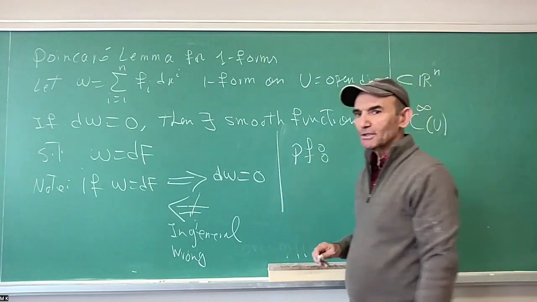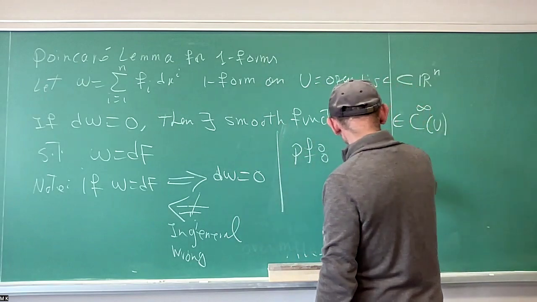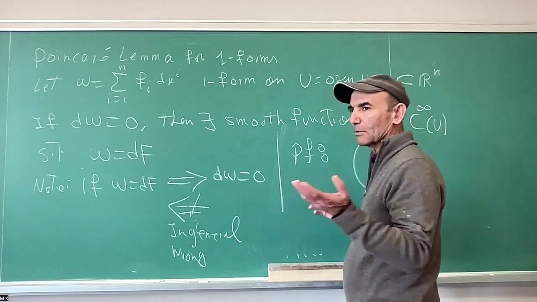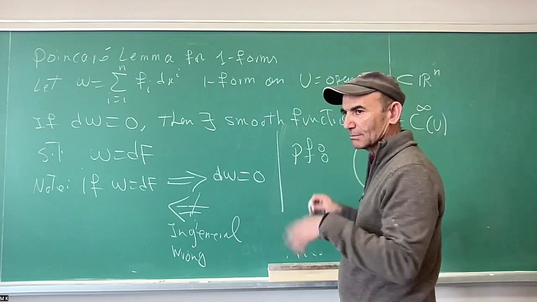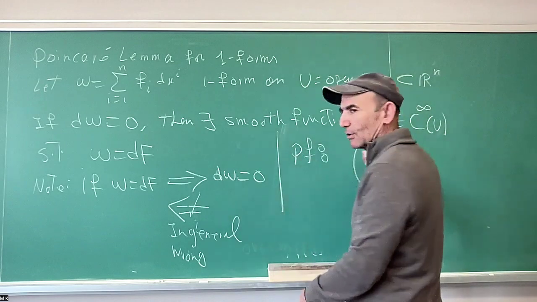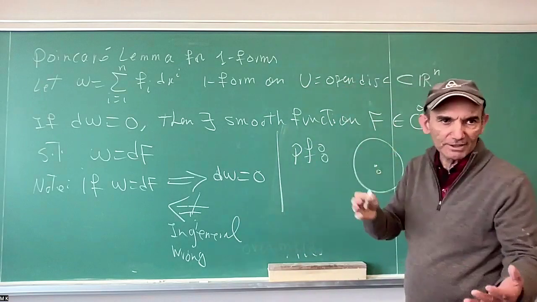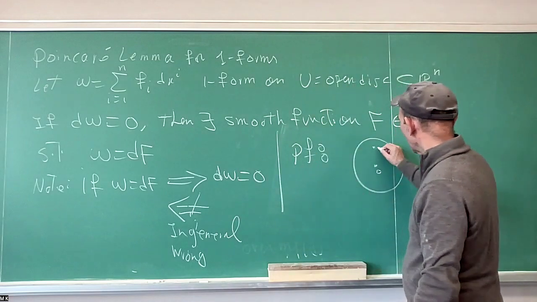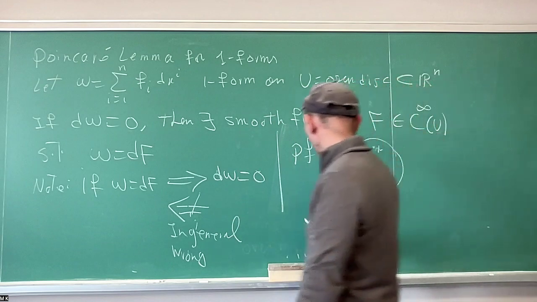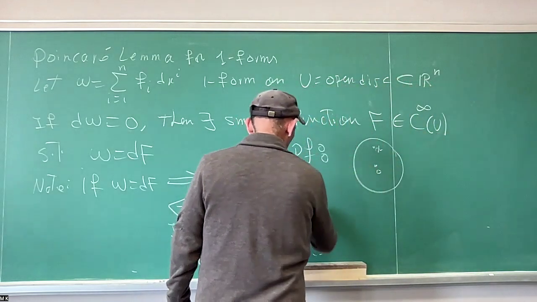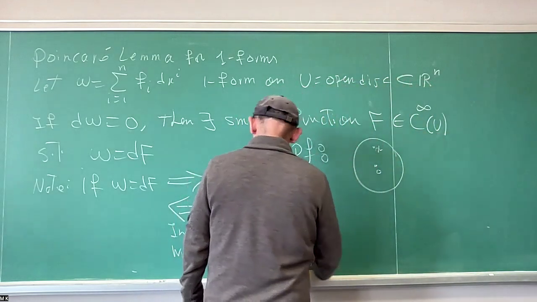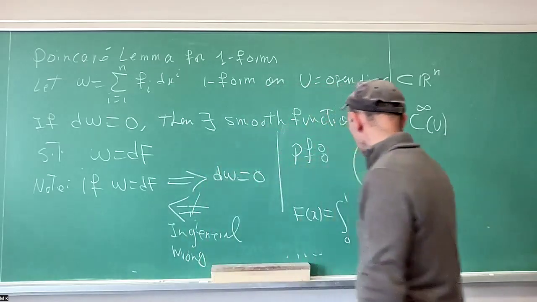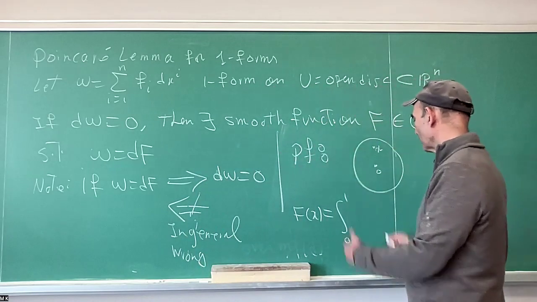We can take f to be the following thing. So this is an open disk. I'm going to assume that the origin is the origin of my disk, because everything is by translation, that's not the problem. So if you have a point here, like maybe x, I just define f of x to be equal to the integral from 0 to 1 of the following function.